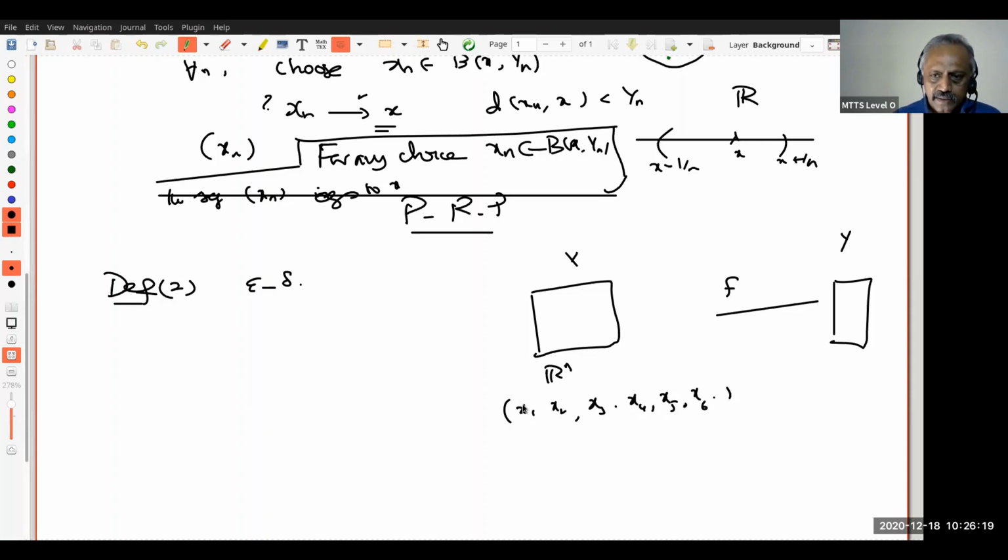It could be anything. I have to take certain amounts of these, and my F is a scientific process, a very precise process. If I give the input x here, I will get the output Fx.